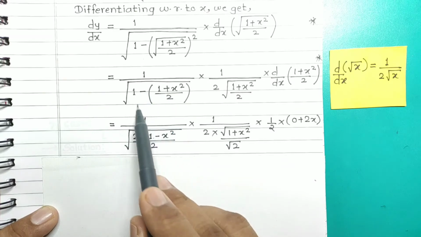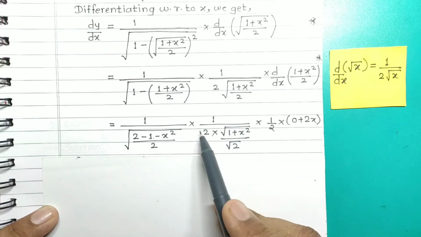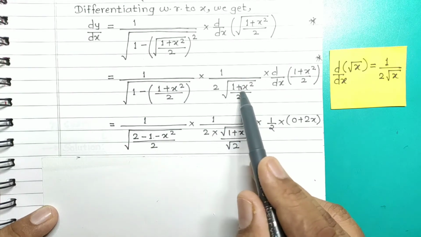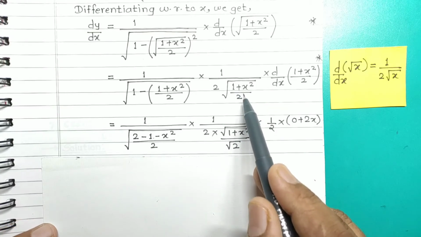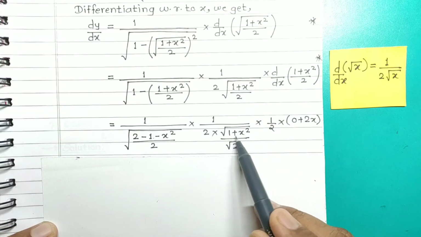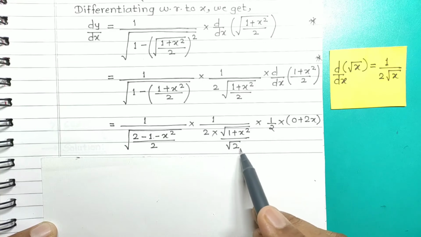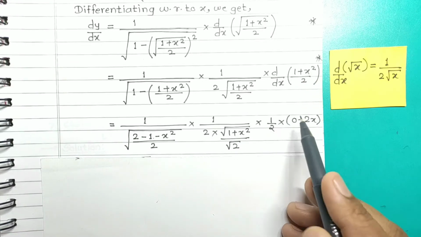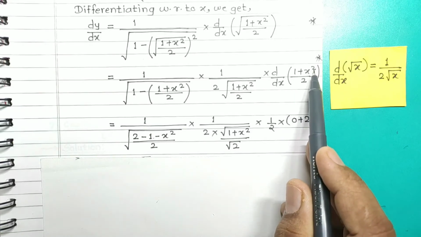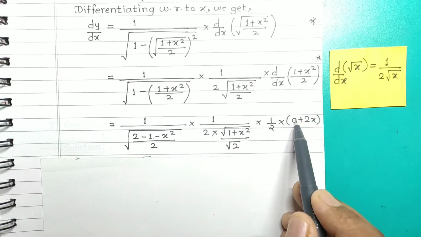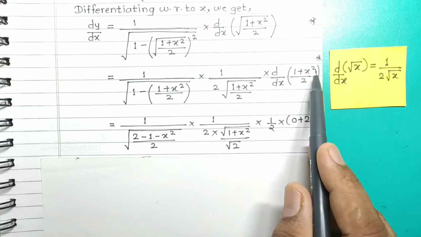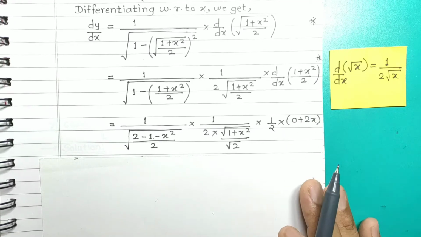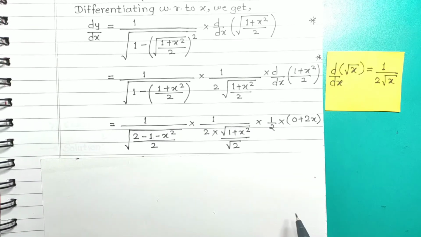Okay, so we have simplified this square root into here 1 upon 2 into, see, I have separated the terms in the square root like this, root of (1 plus x square) upon root 2 into, see this derivative, it is half constant, into derivative of 1 plus x square, 1 is constant, so its derivative 0, and derivative of x square is 2x.